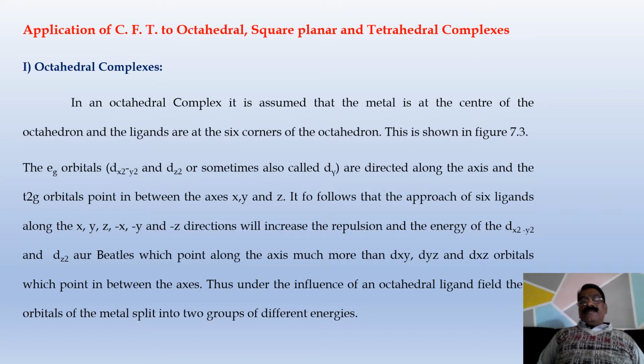The approach of the 6 ligands along the x, y, z, minus x, minus y and minus z directions will increase the repulsion, and the energy of the dx square minus y square and dz square orbitals increases, because they point along the axes much more than the dxy, dyz, dxz orbitals, which point in between the axes.